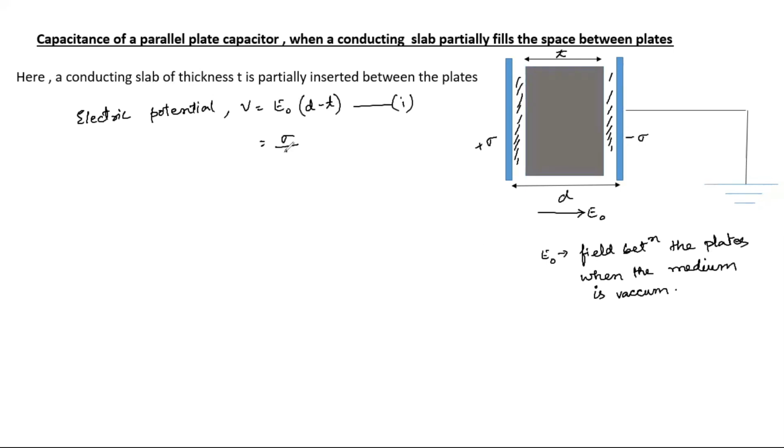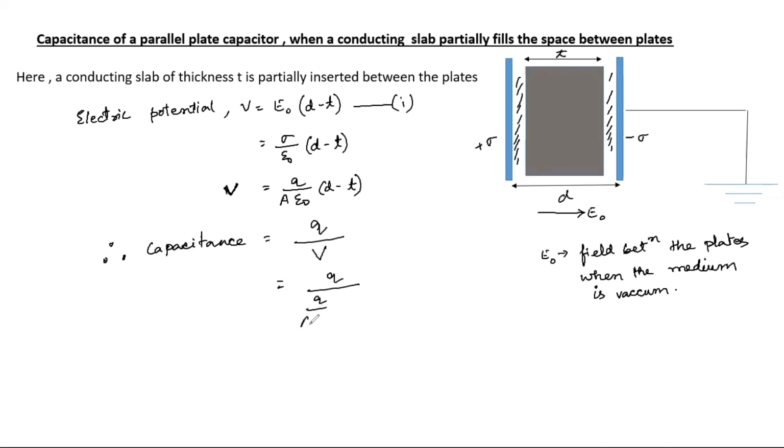So it is nothing but sigma by epsilon naught into D minus T, and sigma is nothing but Q by A, so Q by A epsilon naught into D minus T. This is my electric potential, and capacitance of such a capacitor is nothing but Q by V. So Q gets cancelled.